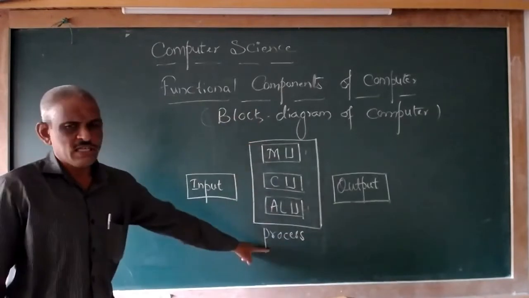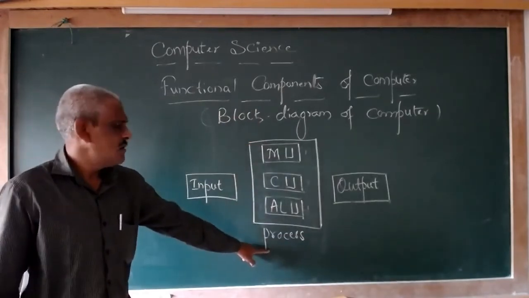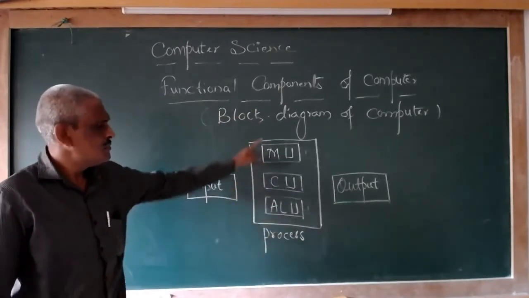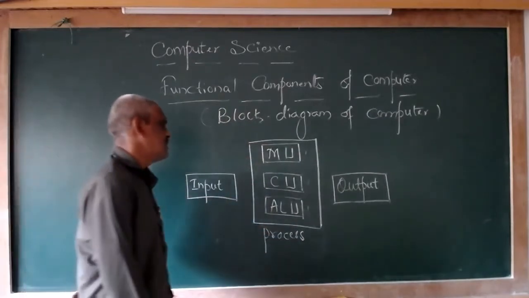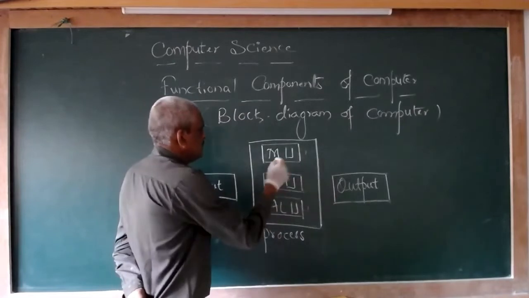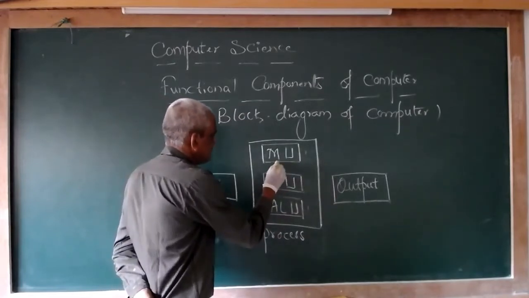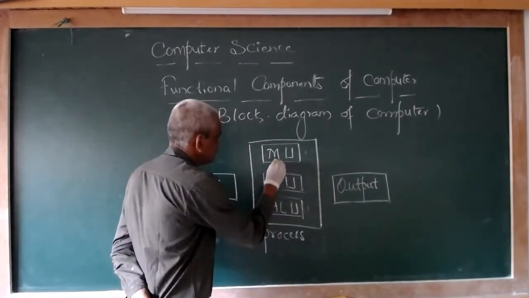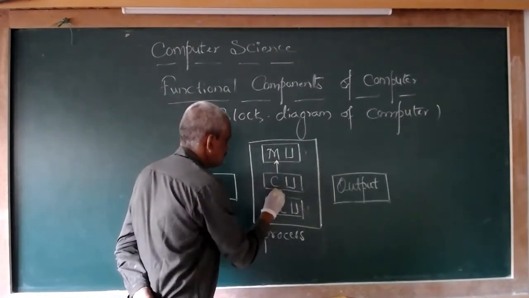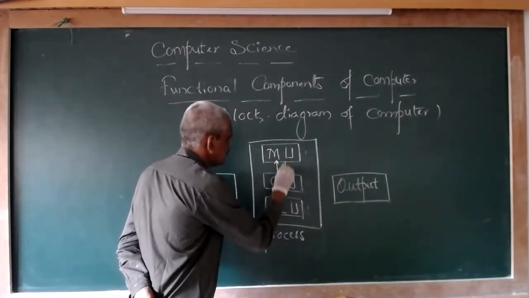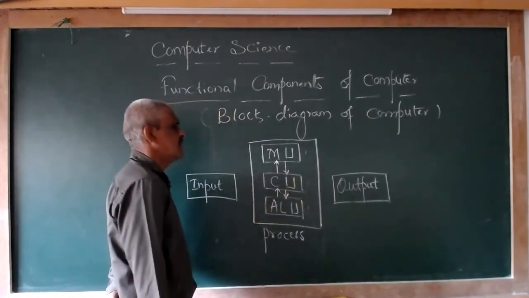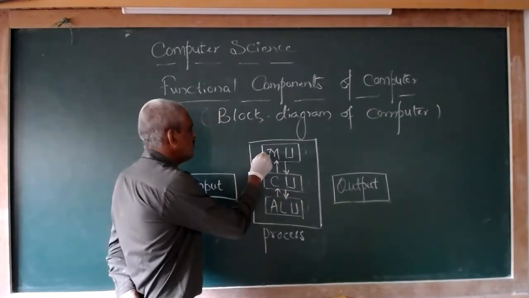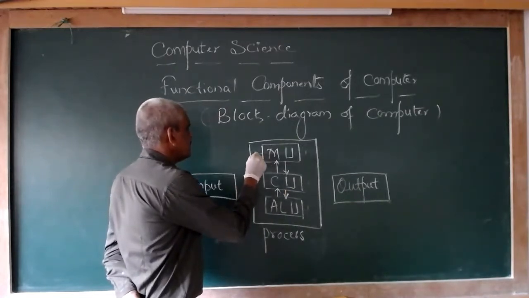The process block is divided into 3 parts or 3 components. Then you have to connect these 3 in a bi-direction. Right? Then one more I am drawing here, connection.